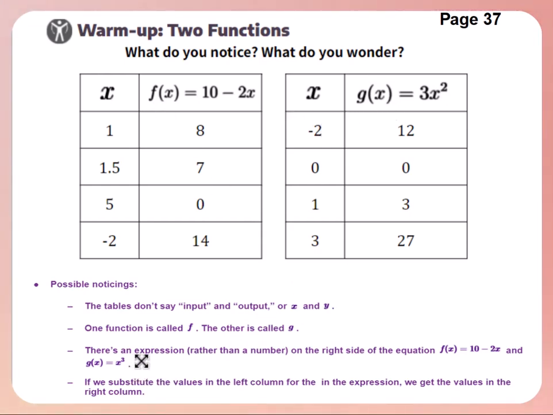There's an expression rather than a number on the right side of the equation. f of x equals 10 minus 2x, and g of x equals 3x squared. If we substitute the values in the left column for the x in the expression, we get values in the right column. So I demonstrated how we did that.